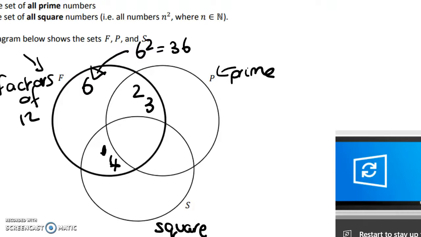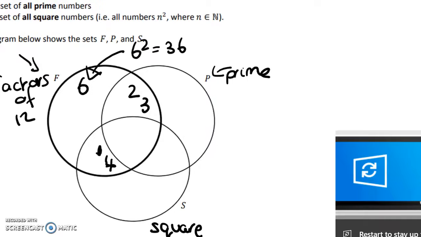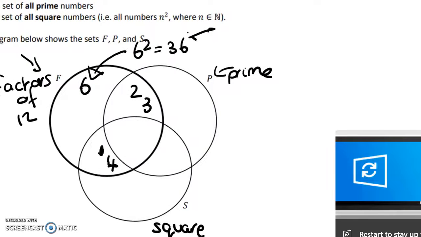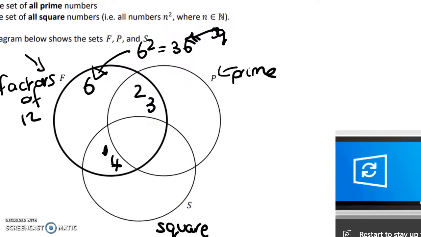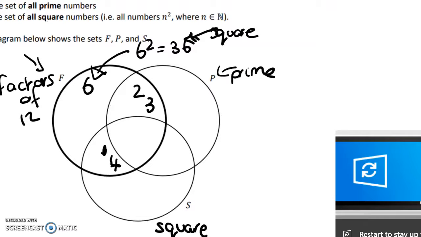Yeah, 6 multiplied by 6 gives you 36. 36 is a square number. But if you take 6 alone, there's not 2 identical whole numbers that you can multiply together to give you 6. So that's why the 6 is in there. It's not a square. So just to say to you there, in case you're wondering about that one. Sometimes it catches people out.